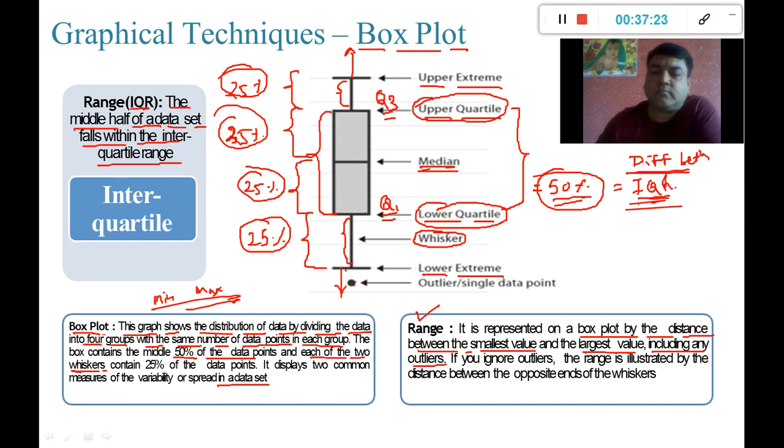If I take the outliers into consideration, that becomes my range. But if I ignore the outliers, the range is the distance between the opposite ends of the whiskers, that is the upper extreme and the lower extreme.